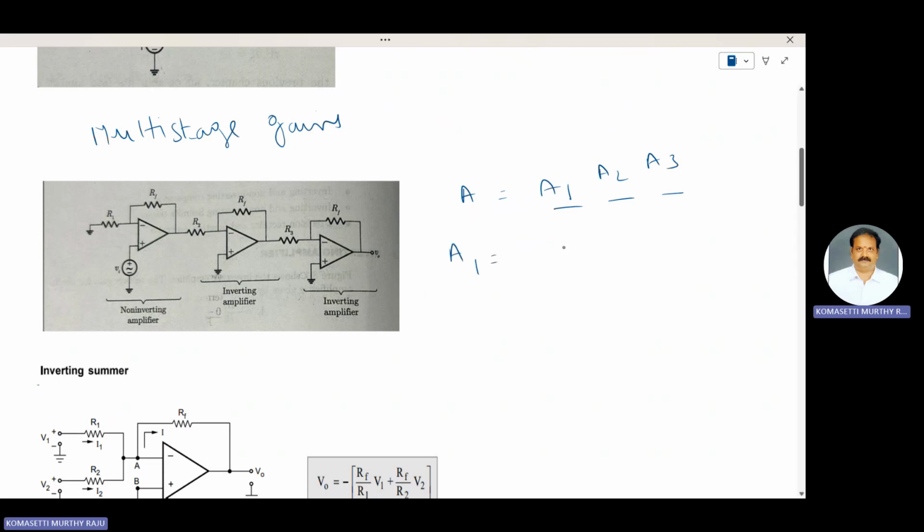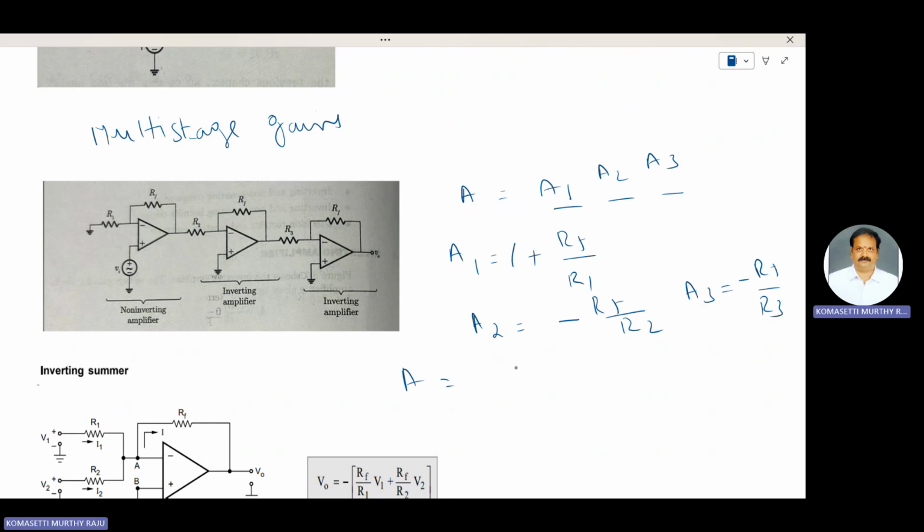A1, we know that A1 is in non-inverting mode, therefore the voltage gain AF is equal to 1 plus RF by R1. A2 is in inverting mode, the gain is minus RF by R2. A3 is equal to minus RF by R2.